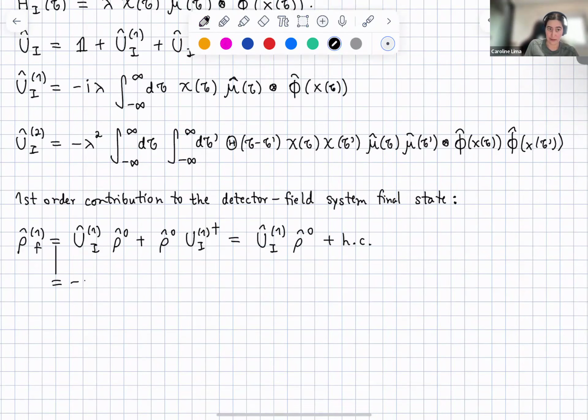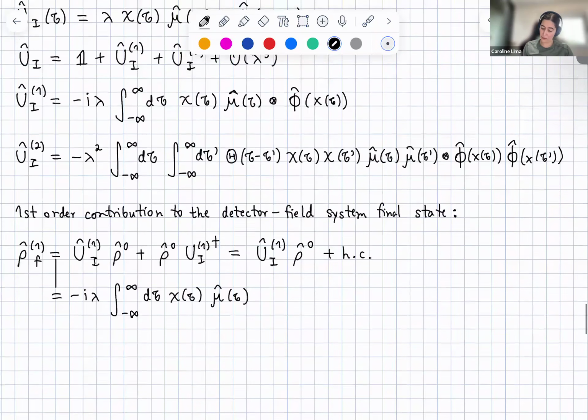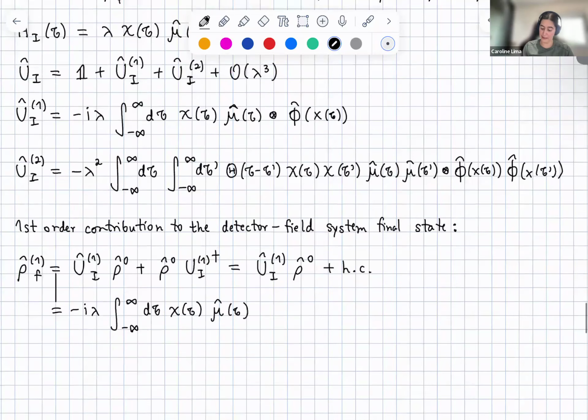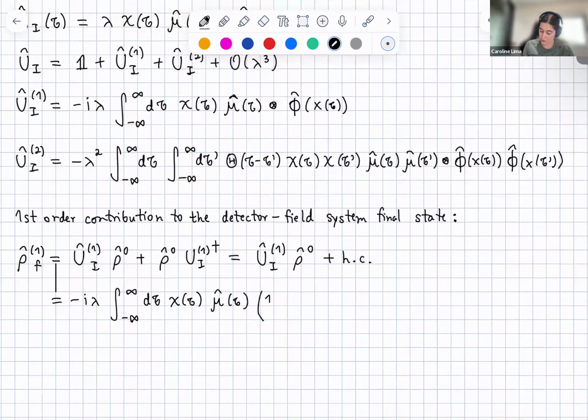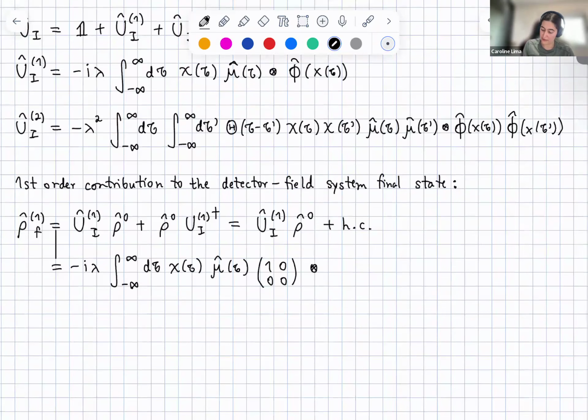So just minus i lambda integral from minus infinity to infinity of d tau chi of tau mu of tau acting over my initial state of the detector, which is going to be (1, 0, 0, 0), and then I have the tensor product with the field times the initial state of the field.